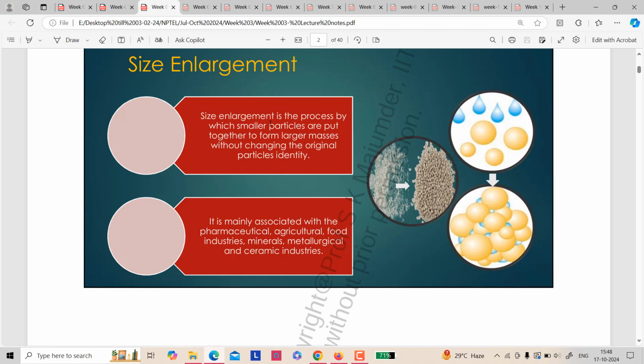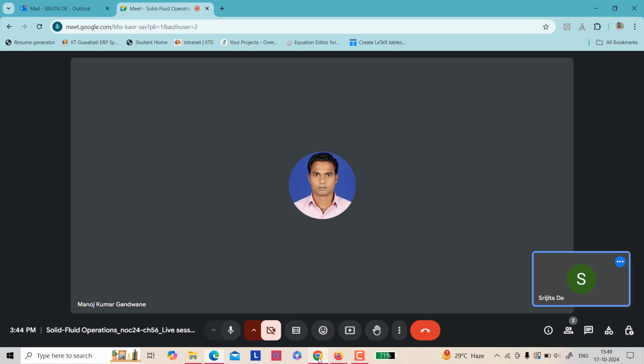Sometimes it is difficult to take out very small size particles. In that case, if these small size particles come together and form an agglomeration or bigger particle, that particle will be easier to separate. So in those cases, size enlargement is important.